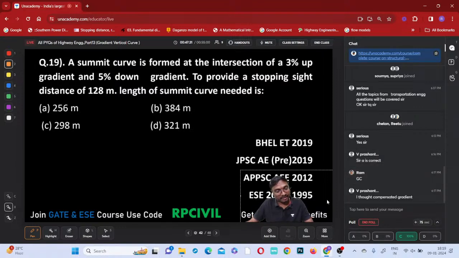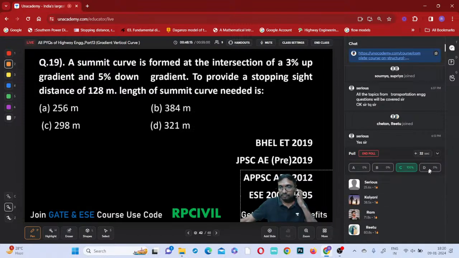Serious and Kalyani answered correctly. Serious, Kalyani, Ram, Ritu answered correctly.